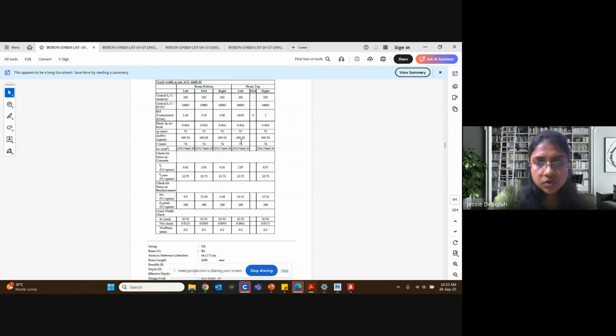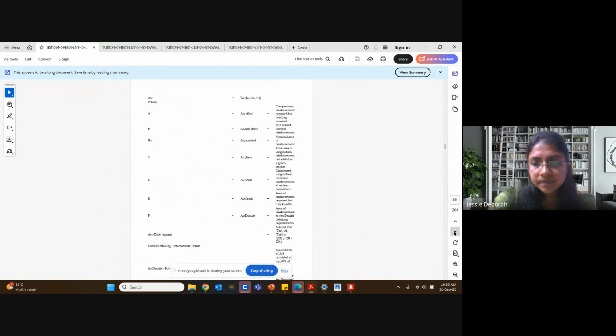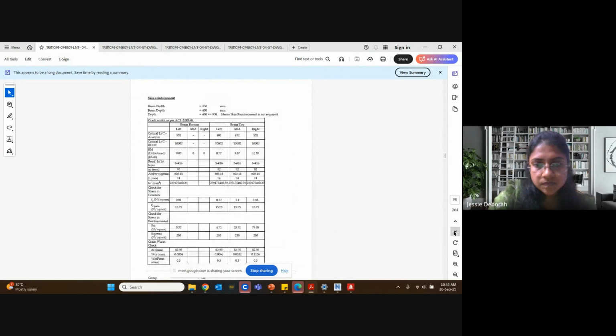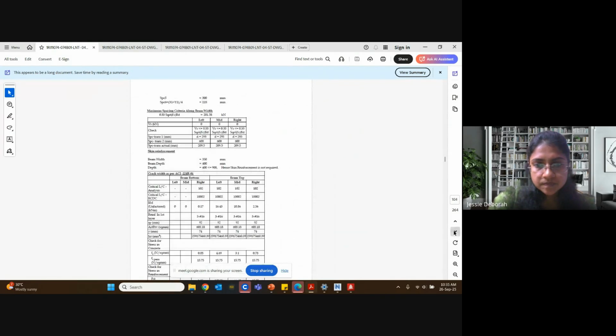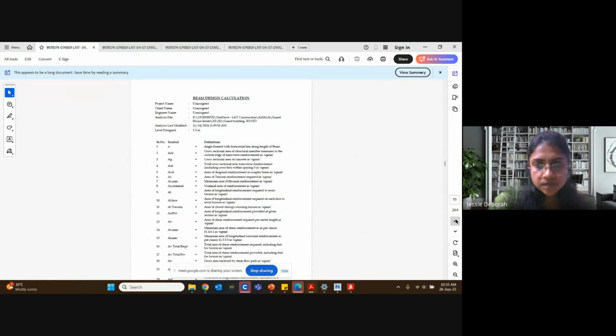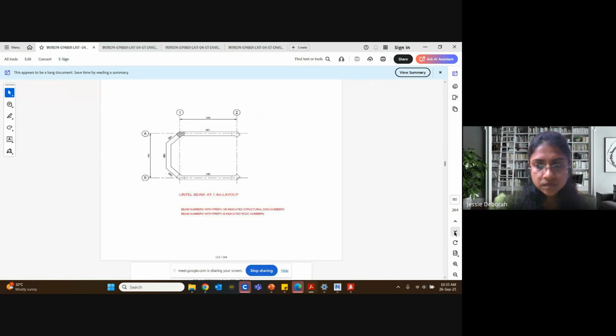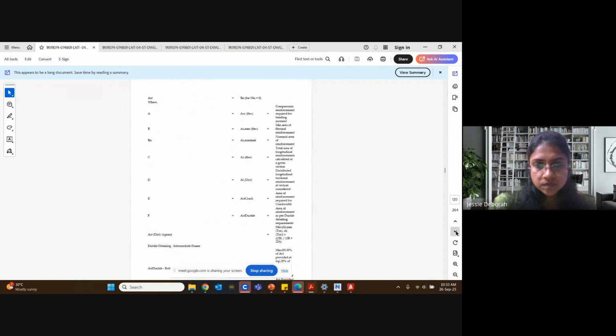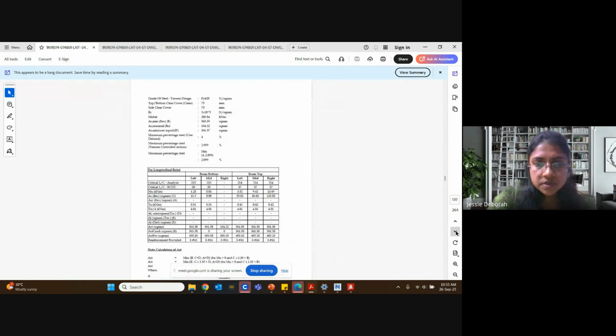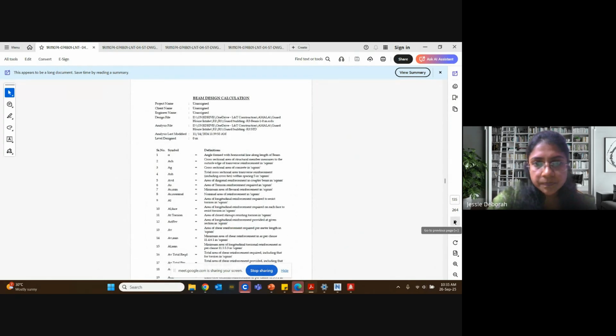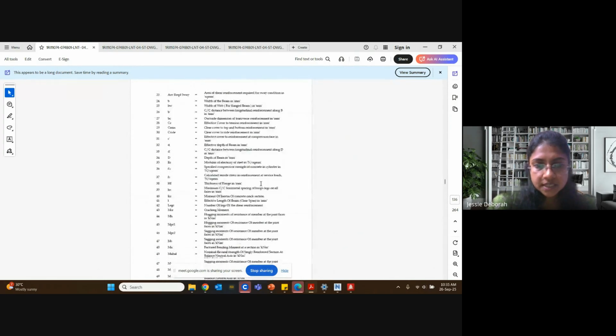Okay, so coming to design, all your beams and columns we will generate reports like this only. Proper beam design.